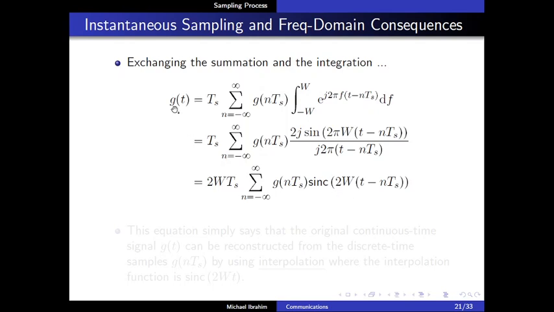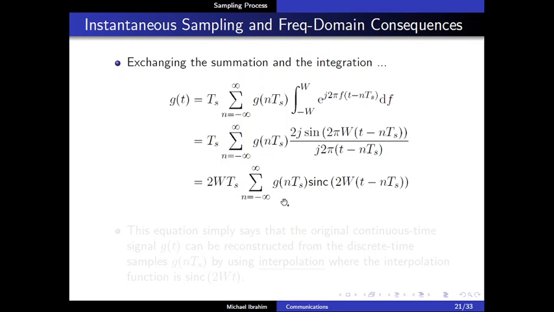So g(t), the original continuous time signal, is related to the sampled version g(nTs) by this equation. If we take a closer look at this equation, at n equals 0 we have a sinc function, sinc(2Wt). The peak of the sinc happens at t equals 0, and it's weighted with the value g(0), the sampled value at 0.